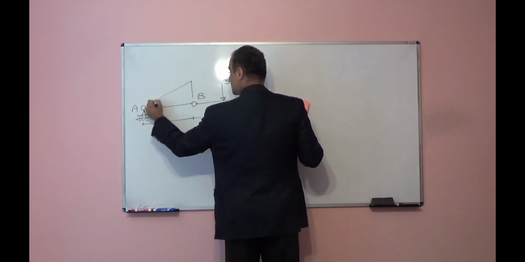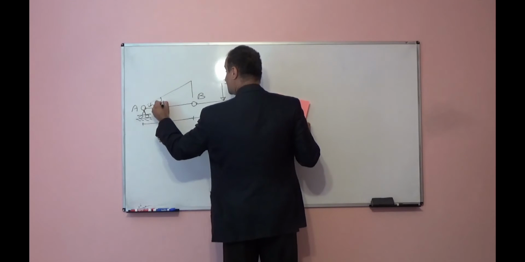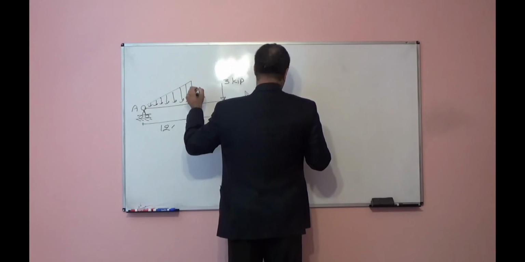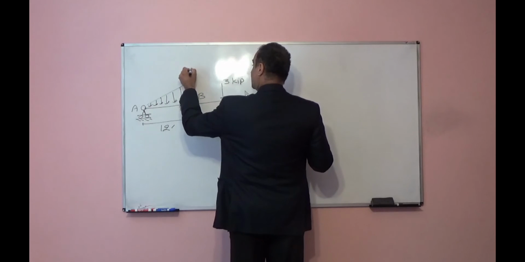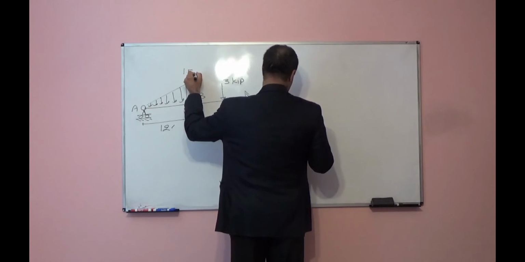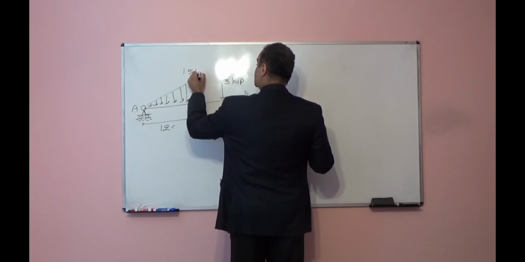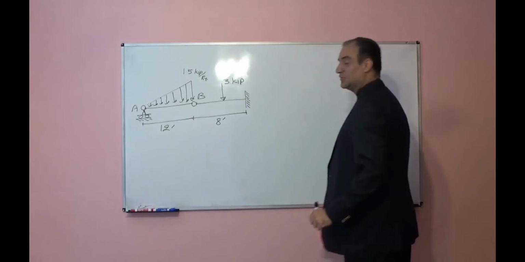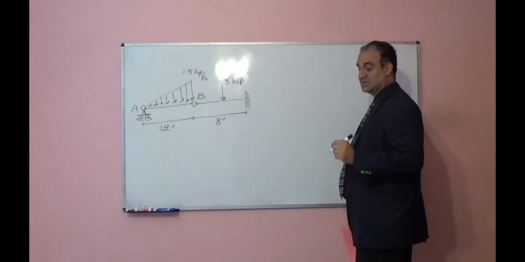This span is subjected to a non-uniform distributed load, and the maximum magnitude is 1.5 kip per foot. I want to find the reactions here.